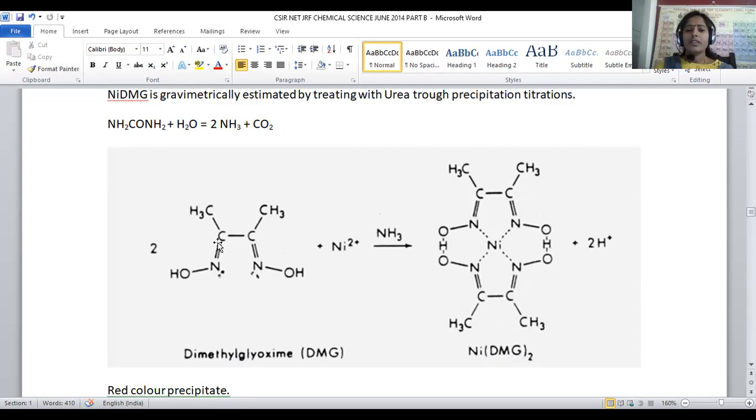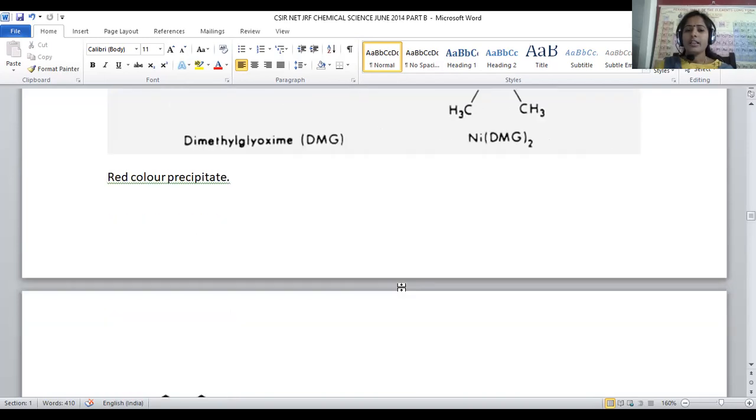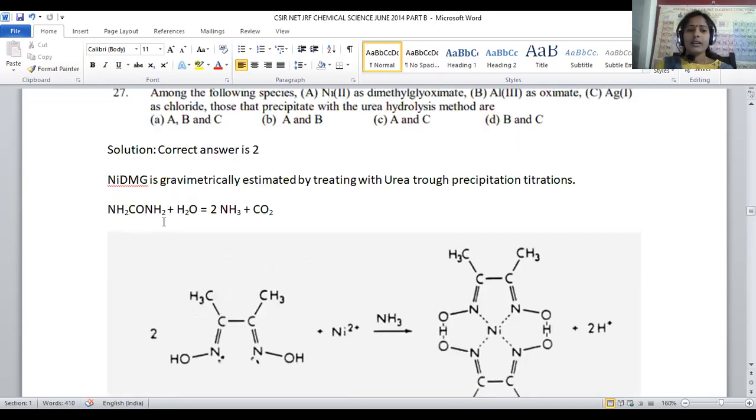See, it is very obvious that DMG was treated with nickel +2 in the presence of ammonia. From where is ammonia given? That ammonia is given from urea. What is urea? NH2 C double bond O NH2 is called urea.